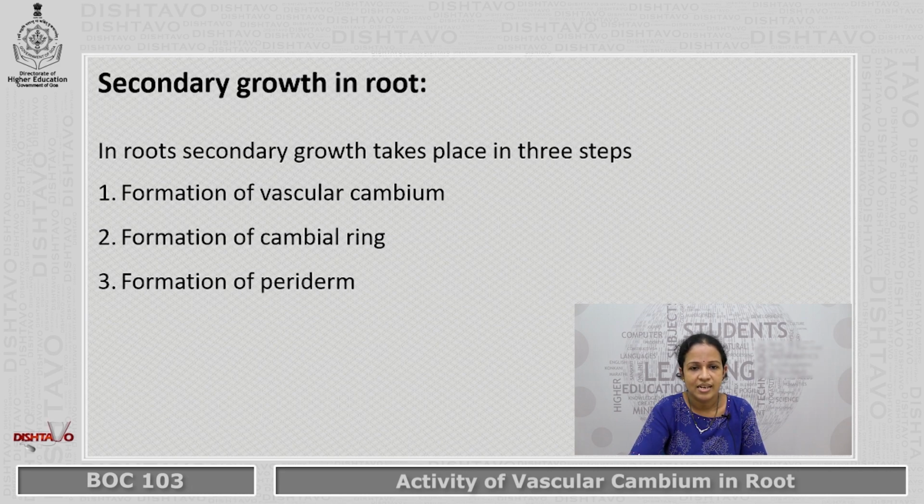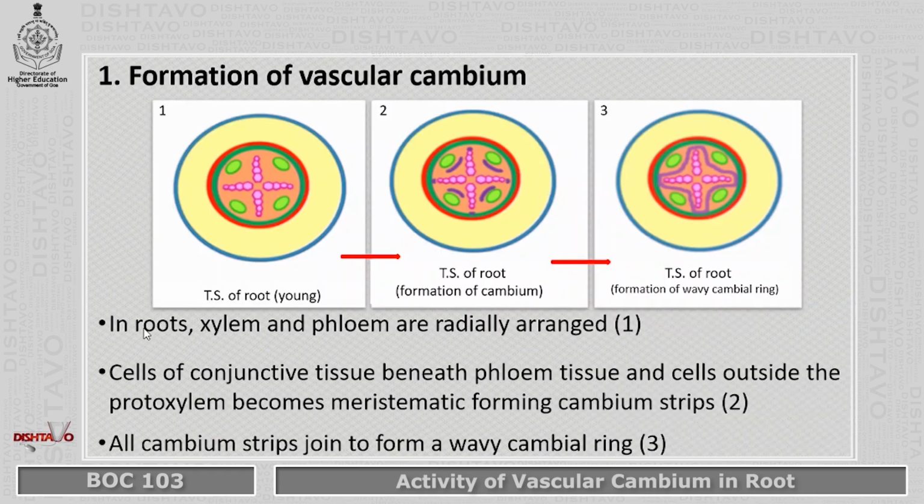In roots, secondary growth takes place in 3 steps. First, formation of vascular cambium. This is followed by formation of cambial ring, and then lastly formation of periderm. In roots, xylem and phloem tissue are arranged in radial fashion.